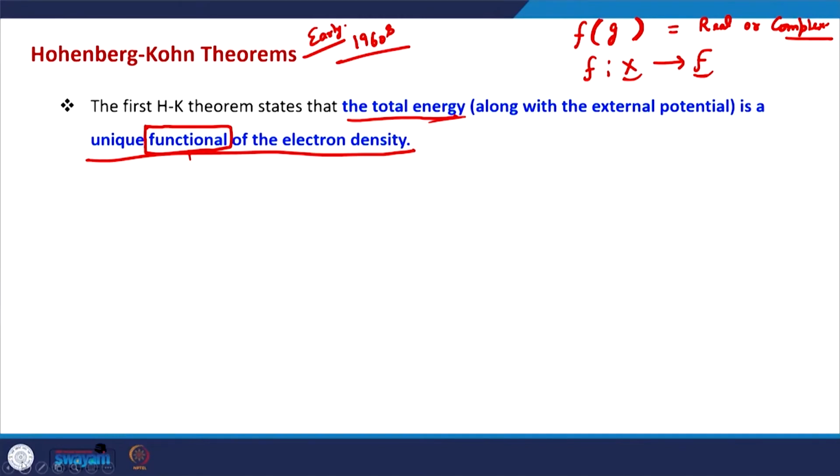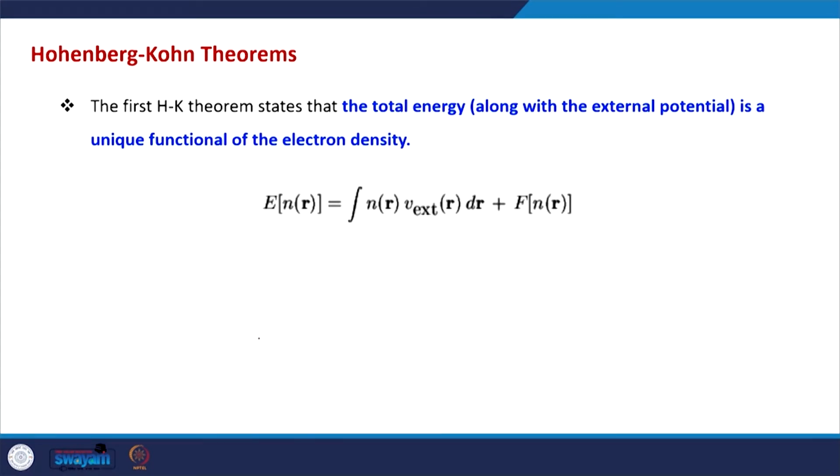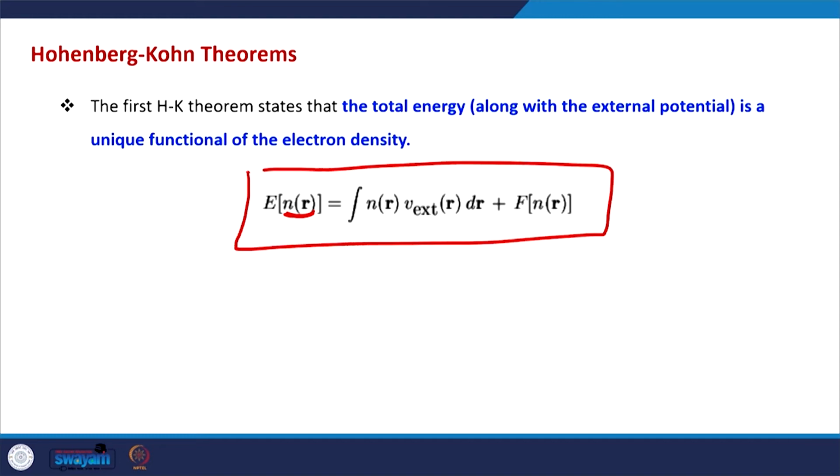Okay. So the first theorem sort of conveyed that the energy can be calculated from the electron density function, and this is sort of the form of this energy functional. The energy functional can be written as sum of two components. One is because of the external potential.